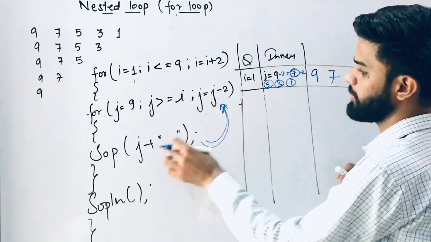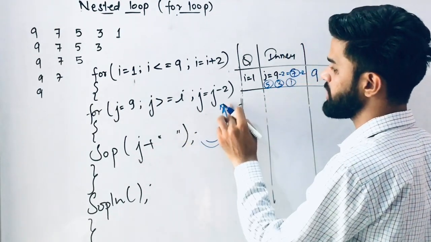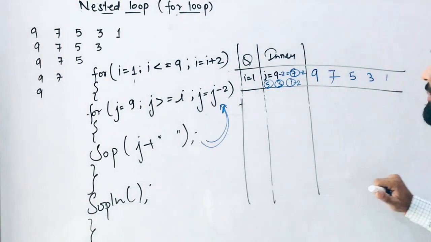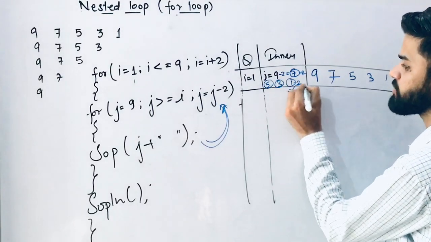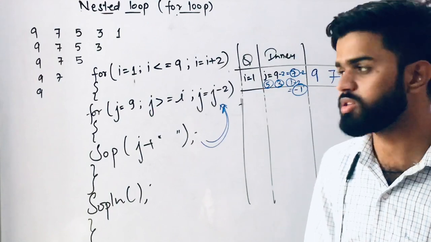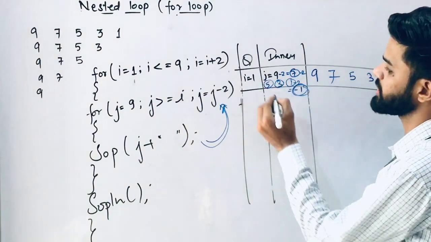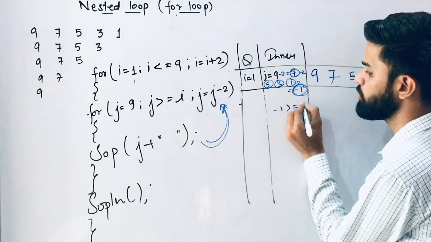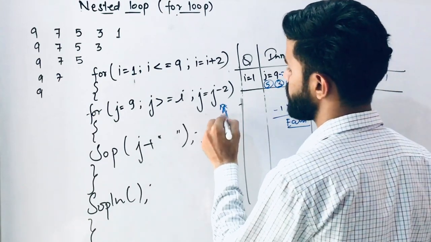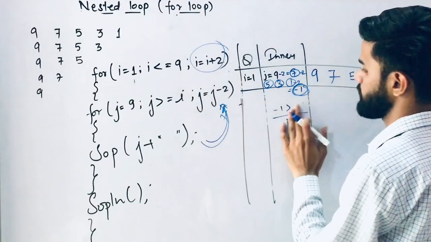But after printing 1, it comes here again and 1 is subtracted by 2, so 1 minus 2 is equal to minus 1. Now is minus 1 greater than or equal to 1? The condition is false. So when the condition is false, it terminates this loop and comes back here.